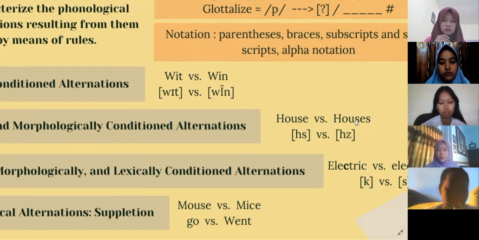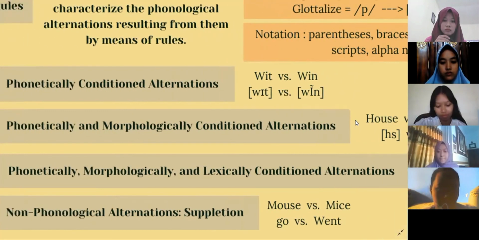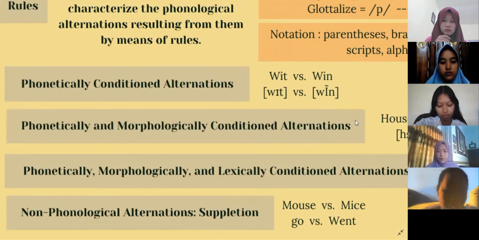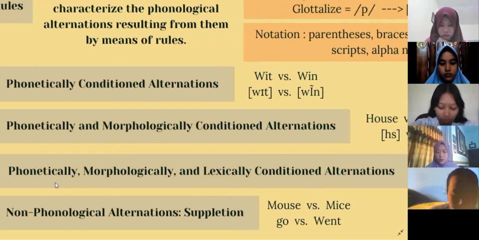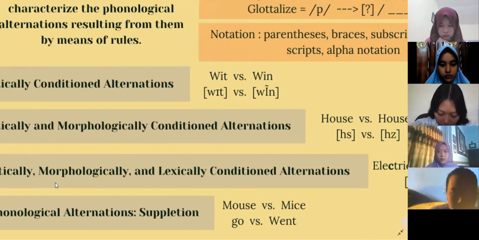All right. My name is Febby Diva with student number 020. I'm here to talk about the third topic, which is phonetically, morphologically, lexically conditioned alternation. Such alternations are conditioned phonetically, morphologically, and lexically. The example is electric versus electricity.